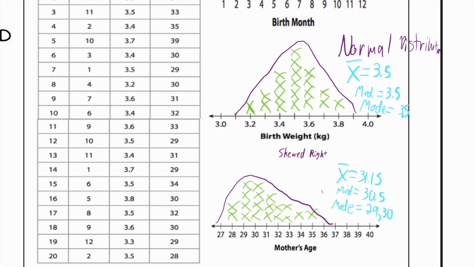So if we compare the 3 measures of central tendency for the normal or symmetrical distribution versus the 3 measures for the skewed distribution, we notice on the normal or symmetrical one that all 3 measures are the exact same. And that will be the case, that either they're the exact same or they're so incredibly close. And here, on the skewed one, the bottom one, they're different. And that'll be the case to where one value is going to be higher or lower than the other.